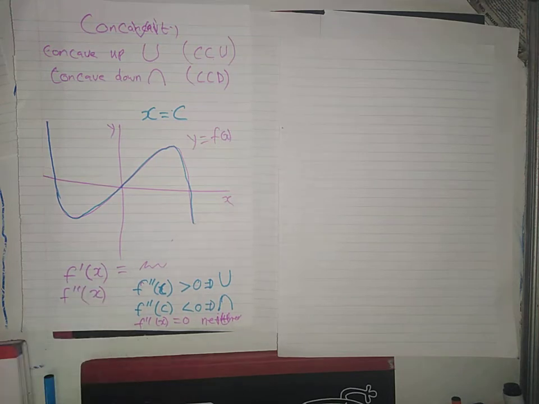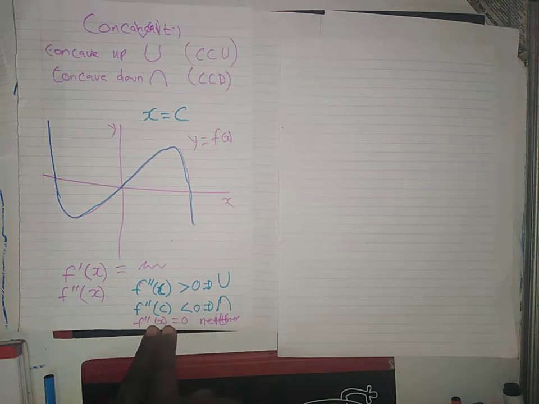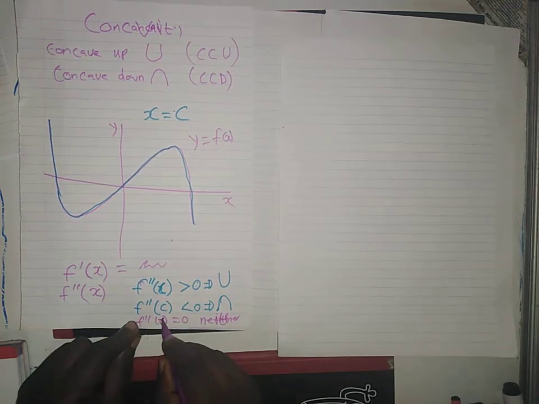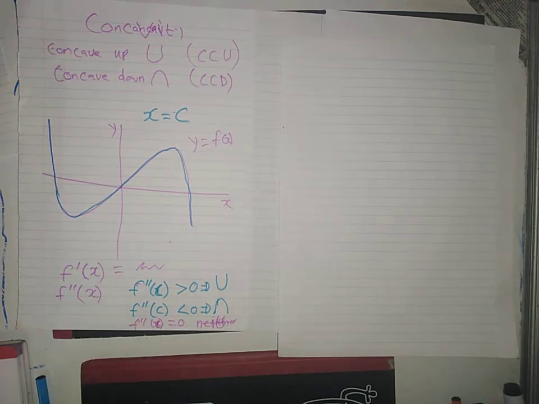So it is not concave up, it is not concave down. Okay, so there are three cases. It's either concave up, or concave down, or not concave up and also not concave down. At this particular point where f prime prime at c is equal to 0, things are neither concave up nor concave down.